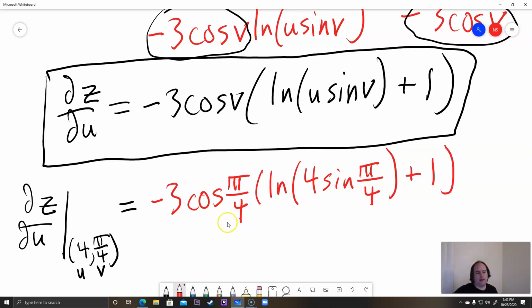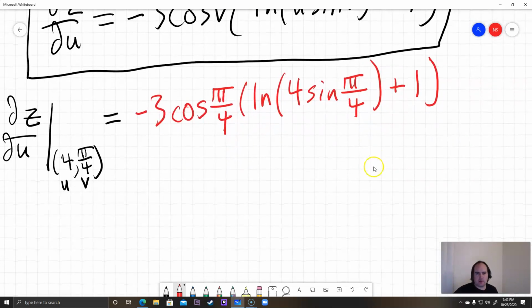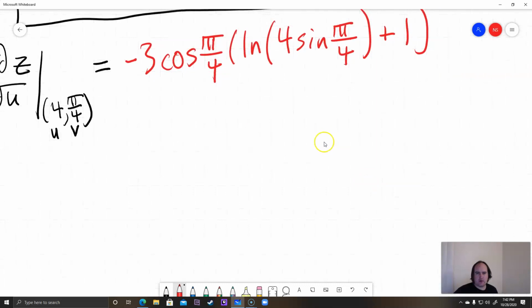All right, and then we can simplify this a little bit. So remember that cosine of pi over 4 and also sine of pi over 4 are both root 2 over 2. So plugging in here, we're going to have negative 3 times root 2 over 2.